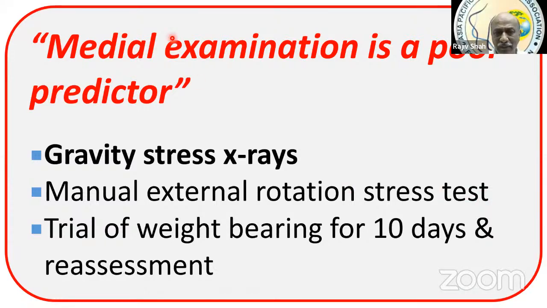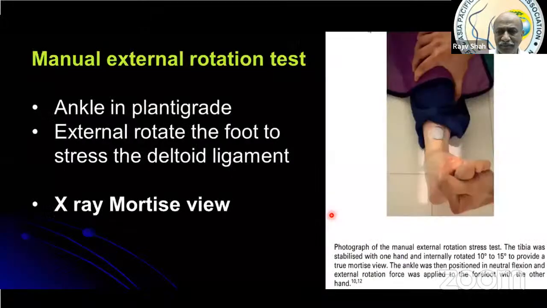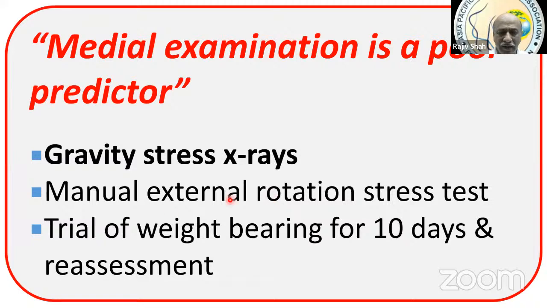So medial examination is a poor predictor. We need to do gravity stress X-rays or manual external rotation stress X-ray, where you're holding the ankle in a plantigrade position and externally rotate the foot to stress the deltoid ligament, and you take a mortise view. And if these two are inconclusive, then you give a plaster to your patient, ask him to walk, let him have a trial of weight bearing for 10 days and reassess with the X-ray.